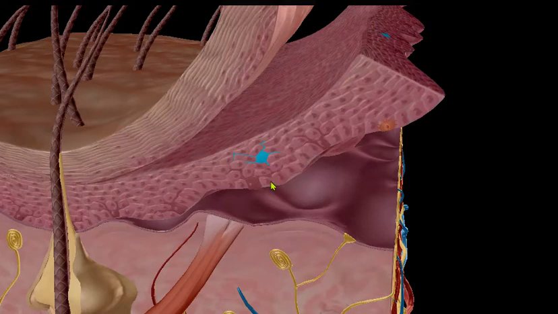Now, if we can work our way into the stratum basale, we'll appreciate that there's another important cell that we'll find there, and we're highlighting it now. These are called melanocytes. The melanocytes are found, of course, within the stratum basale, and they allow us to produce melanin.